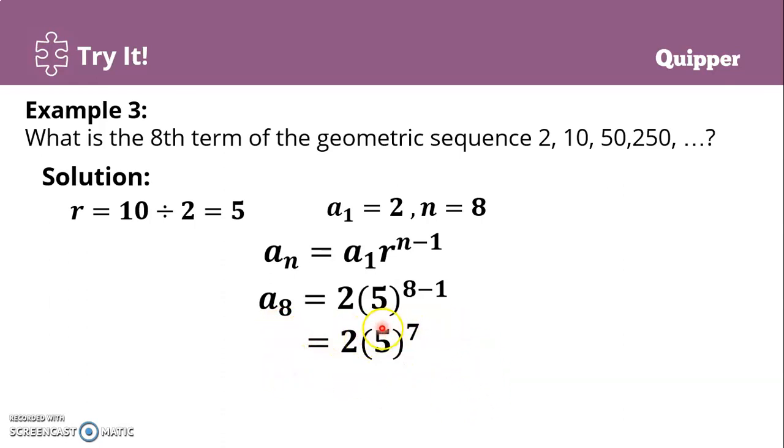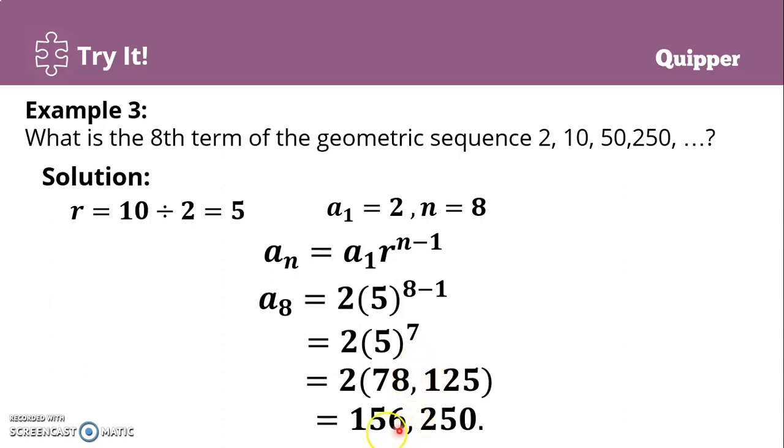But you may have this step by step, one by one. So 5 to the power of 7 first is 78,125. And so 2 times that is 156,250. Therefore, the 8th term is 156,250.